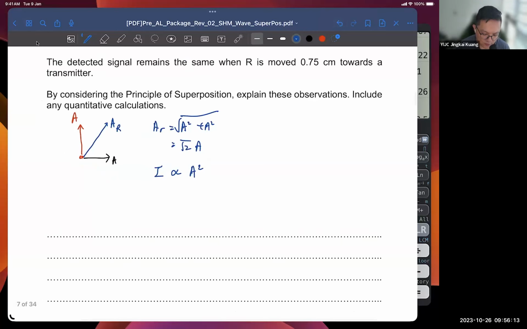You want to find the new I_R versus the original I, which equals (square root 2 A) squared over A squared. So your I_R is 2 times I.